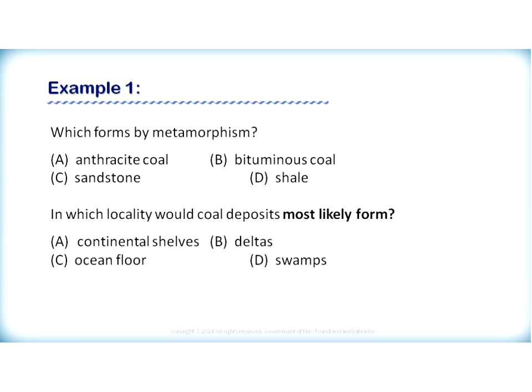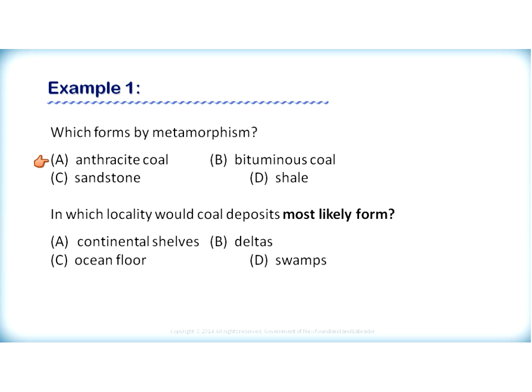Let's look at some example questions. Question 1. Which forms by metamorphism? So if we look at the different sedimentary rocks below, we see sandstone, which is sedimentary rock made up of sand, shale, which is a sedimentary rock made up of clay, and then we have bituminous coal and anthracite coal.